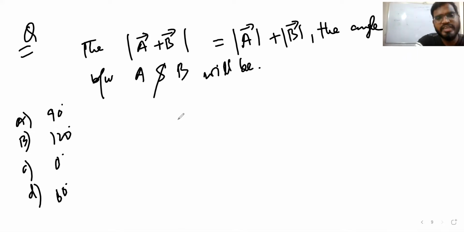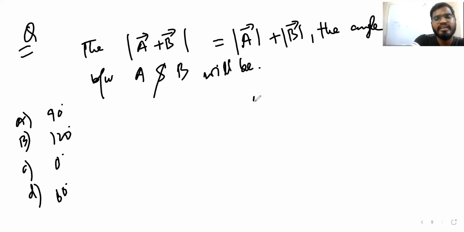So now we can say vector A plus B means ultimately the resultant of that. The mod of vector A plus the mod of vector B is not a resultant. It means we already added vector A plus vector B, then found the mod.